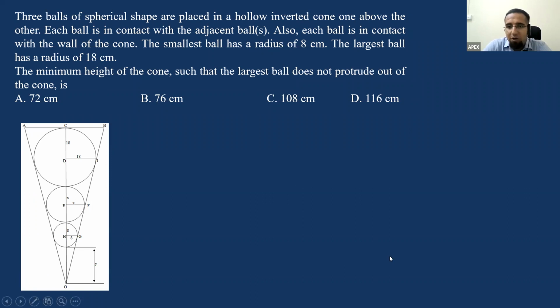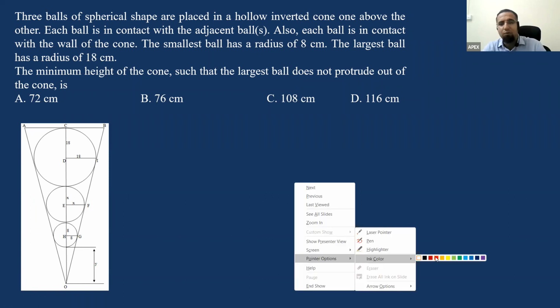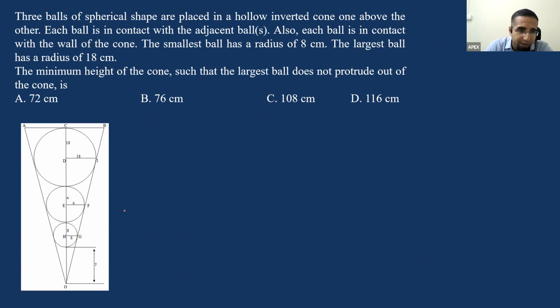Now, whenever I see a cone, 99% of the cases, I try to draw similar triangles here, right? So we are taking this as the value of y, you can observe. So what we can do is take this triangle, that is OHG, just keep observing. I'm proving OHG is similar to OEF.